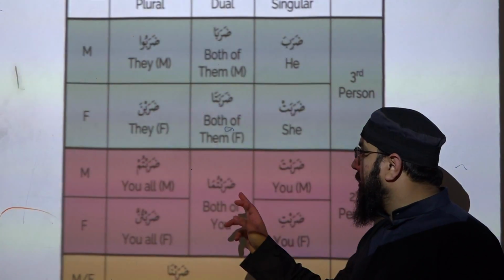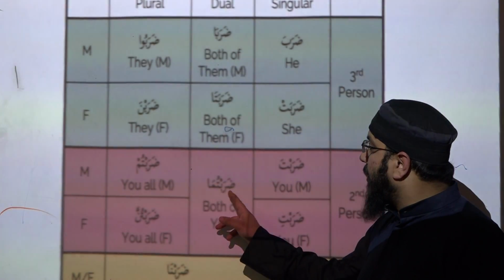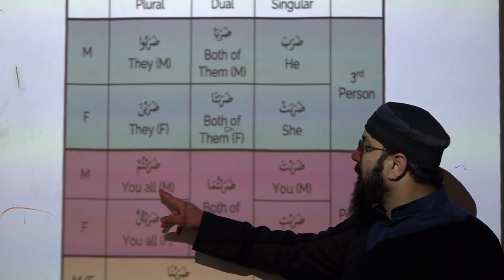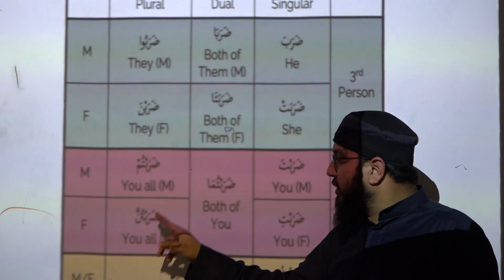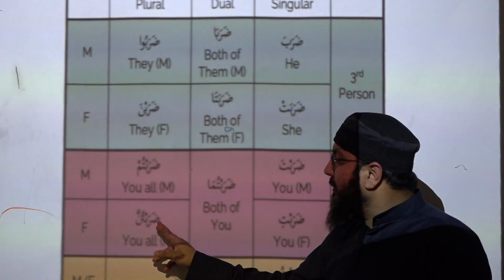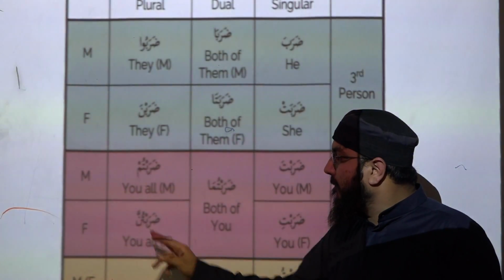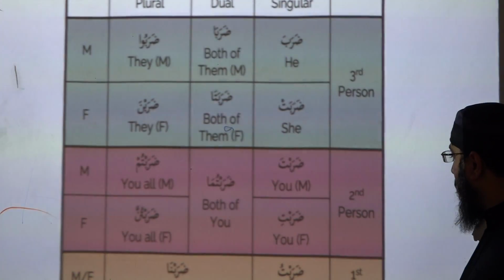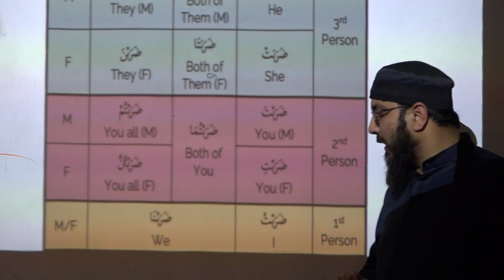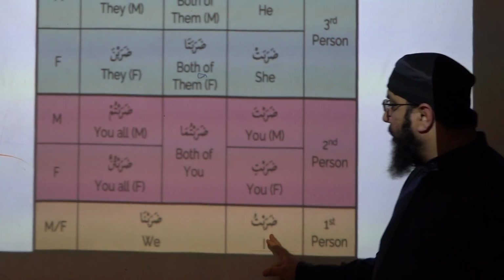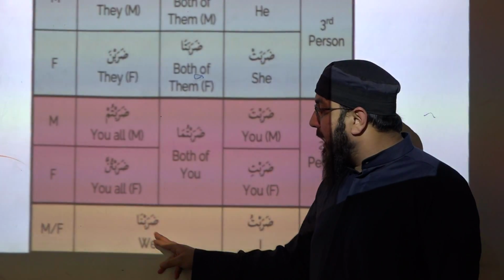Both of you hit, ضربتما. You all hit, ضربتم. Masculine. You all feminine hit, ضربتن. And then first person we have ضربت and ضربنا. I hit, ضربت, and ضربنا, we hit.